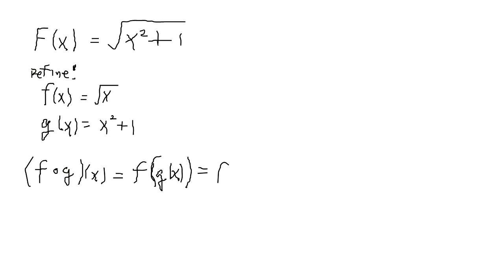But what is g of x? That's x squared plus 1. But then what is f of x squared plus 1? Well, that's going to be the square root of x squared plus 1. And that was our big F of x function.